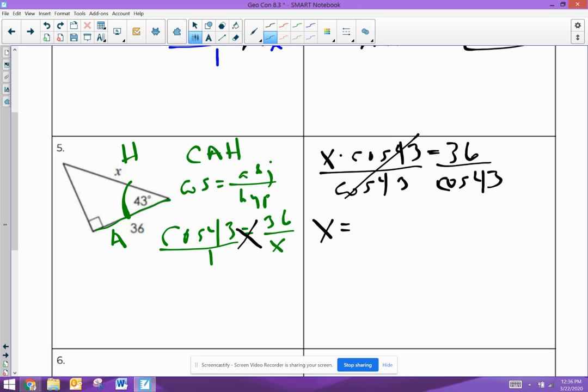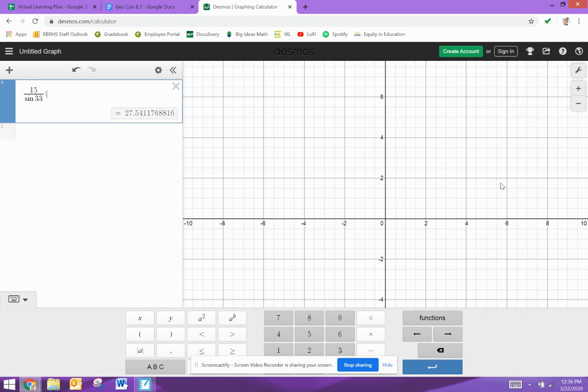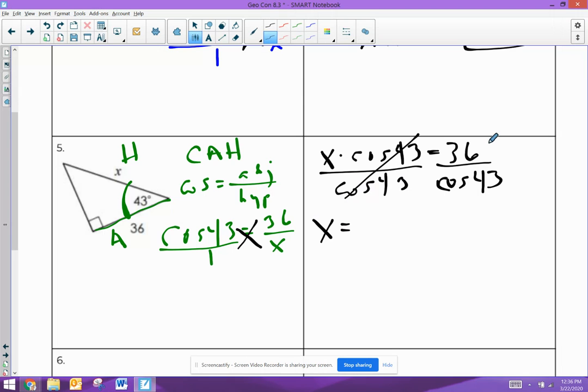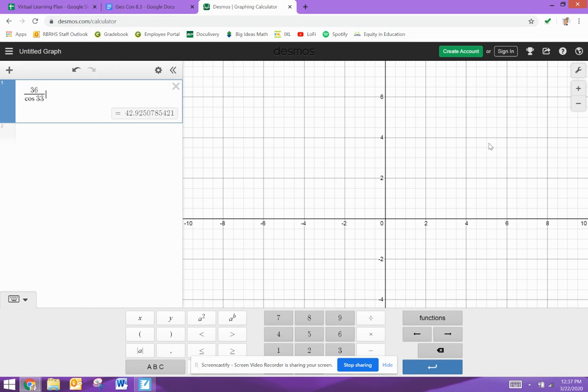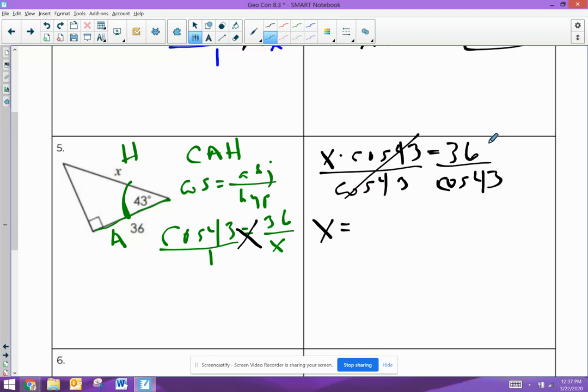So I'm doing 36 divided by the cosine of 43 in my calculator. 36 divided by cosine of 43. Yes, sir. So that's 49.2.